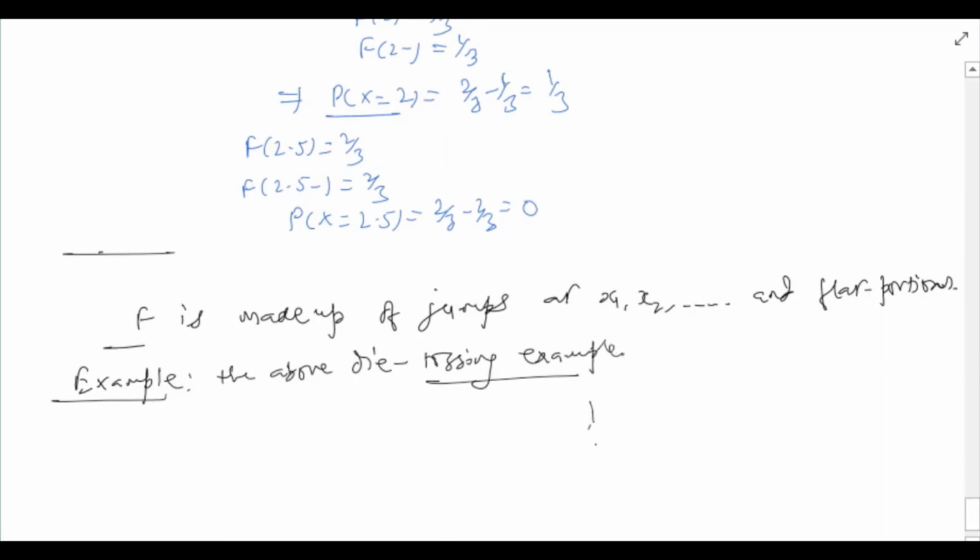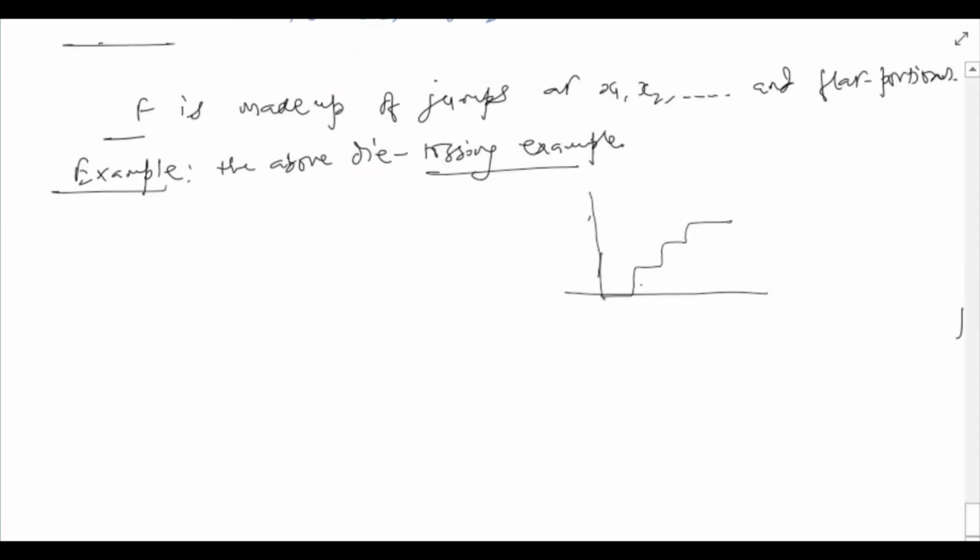Where f was of the form as desired here. So f here is made up of jumps at points 1, 2 and 3, and it's flat everywhere else. So f is made up of jumps and flat portions.